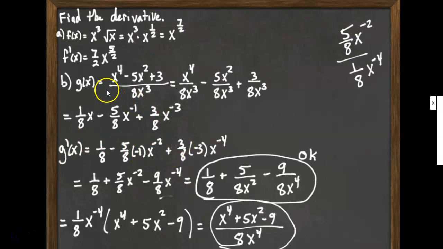Okay, so here's our problem when we did it previously, just to quickly refresh our memory. There it is, x to the fourth. We rewrote that so that everything was a power of x, used our power rules, and we got one answer, which we said was okay, and we got a second answer by factoring out the x to the negative fourth along with the 1/8.